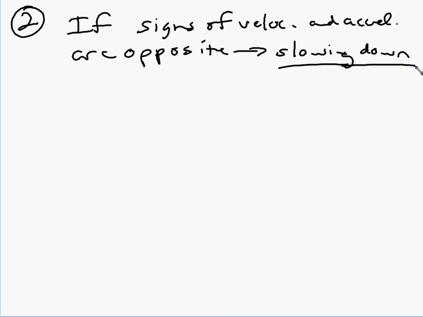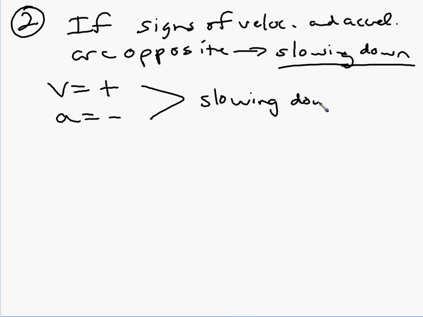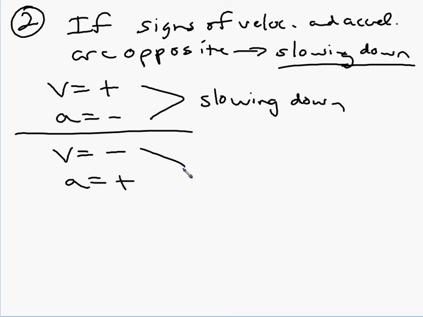So if your velocity is positive and your acceleration is negative, then we can conclude it's slowing down. Vice versa, if the velocity is negative and the acceleration is positive, the particle is slowing down. And we will stop there for today.